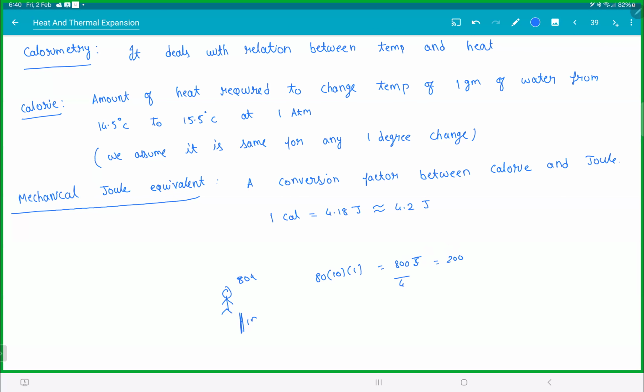That is how much? 200 calories. That is approximately 0.2 kilocalories. So let's say you drink a 200 ml Coke, which is around 80 to 100 calories. So you just have to jump how many times? 100 by 0.2, 500 times.